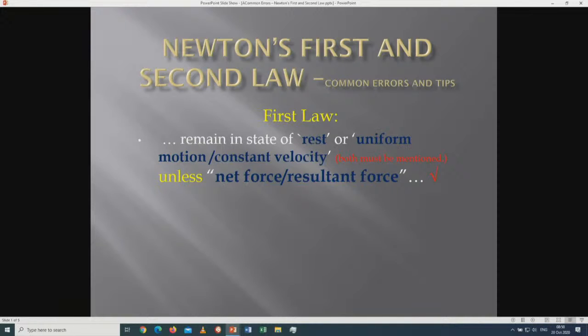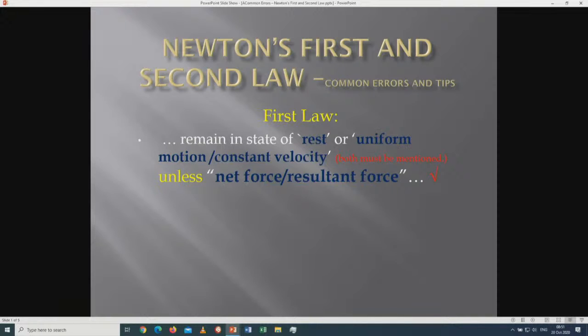And then, very important, that word unless. Often that word unless is substituted by another word with a different meaning. So stick to the word unless. And then the second part for your second mark is unless a net force or a resultant force acts on the body.